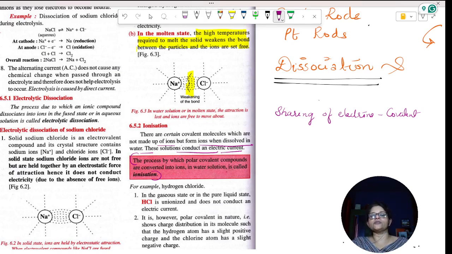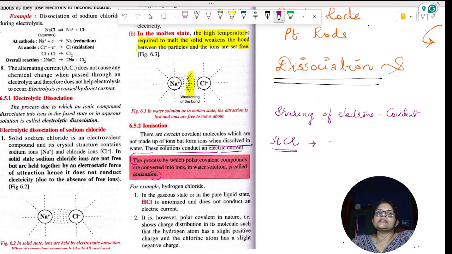So what is the difference between ionization and dissociation? Dissociation happens in ionic compounds, and ionization happens in covalent compounds when dissolved in water. For example, HCl. So let's see what happens over here.